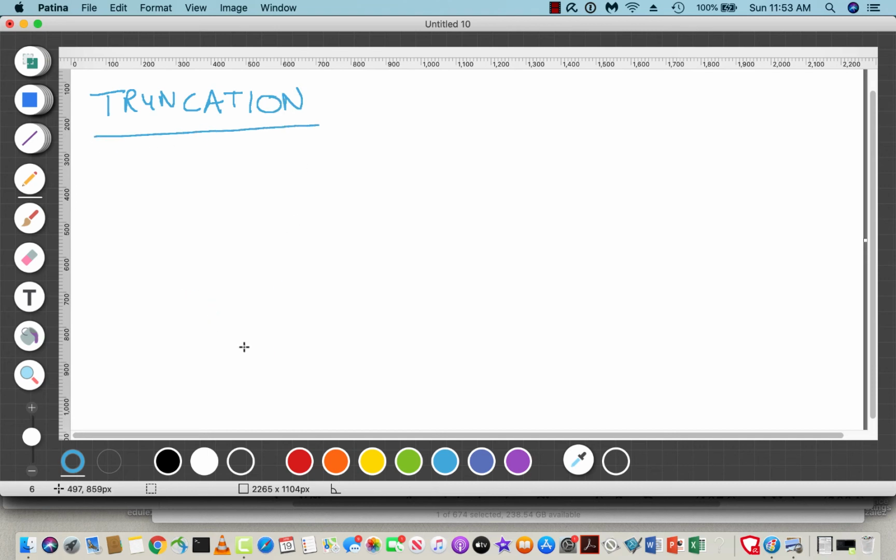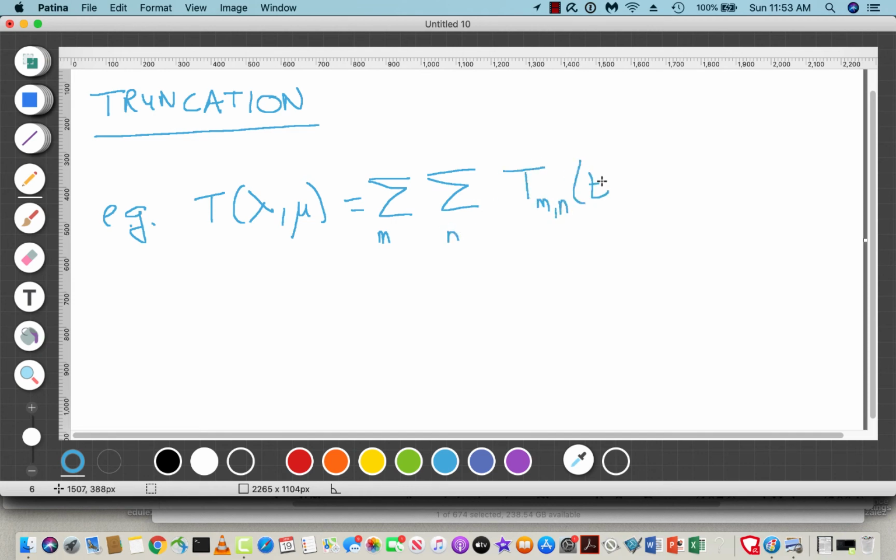So we're going to write that a field like temperature, which is a function of longitude, latitude, or sine latitude, is going to be a sum over m and a sum over n of the expansion coefficients, which are functions of time, times the spherical harmonics, which, going back to the notation in Warner on page 45, is given by capital Y, which in turn is a function of lambda and mu.